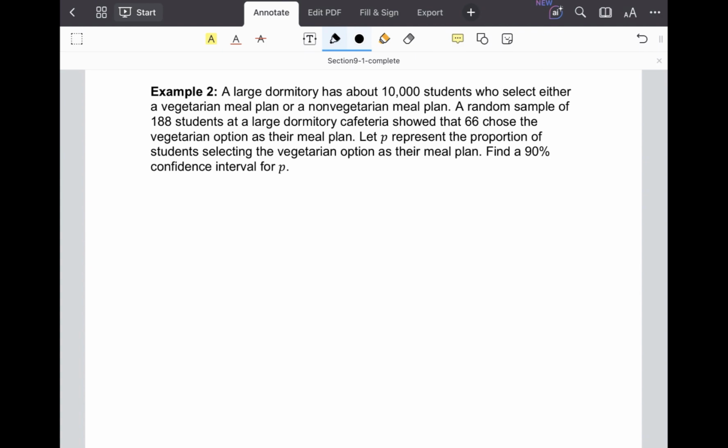Now, the first thing I like to do is just to ground ourselves in the point estimate, so what's in the center, and to do that, we'll look at the sample proportion. So the sample proportion is p-hat, that's the symbol we use for that one, and it's 66 out of 188.